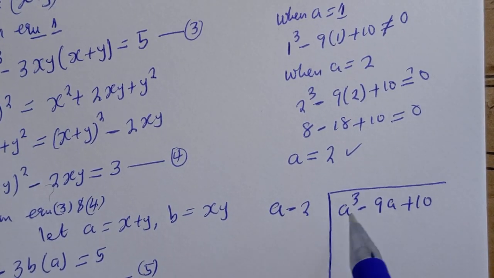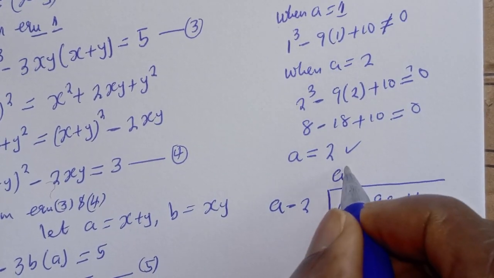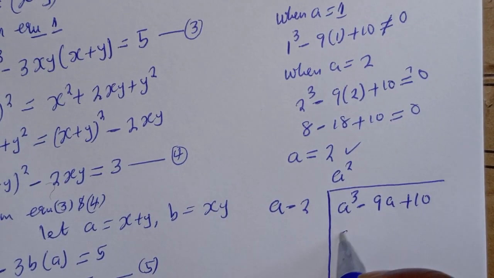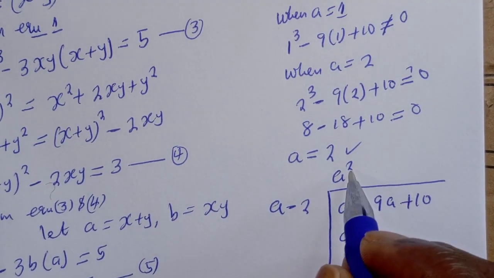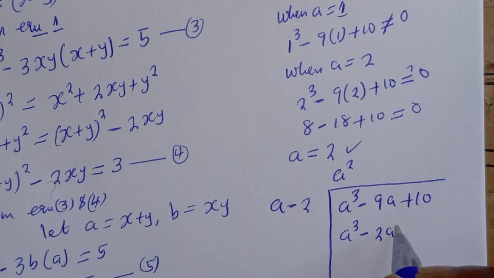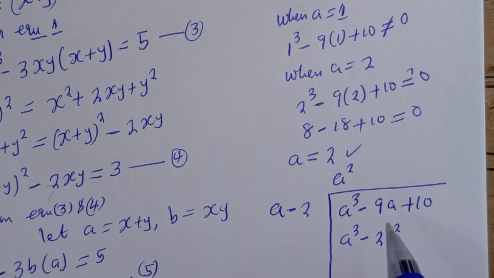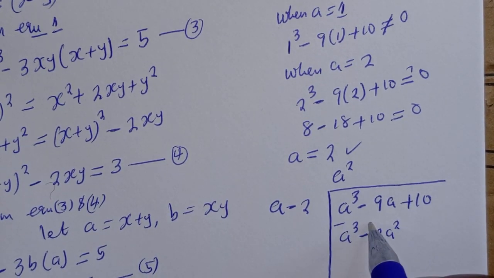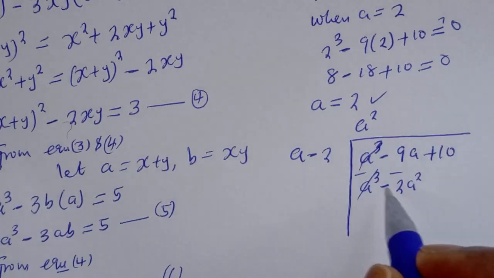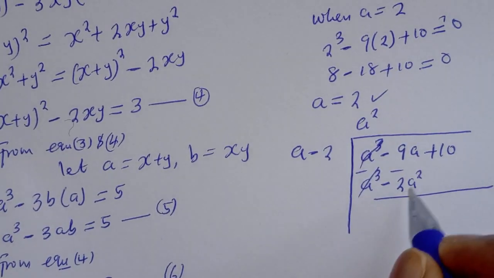A in A raised to power 3, there is A square. A square times A, we have A raised to power 3, then A square times minus 2, minus 2A square. Multiply by minus, so this will cancel this. Then here will now be what?